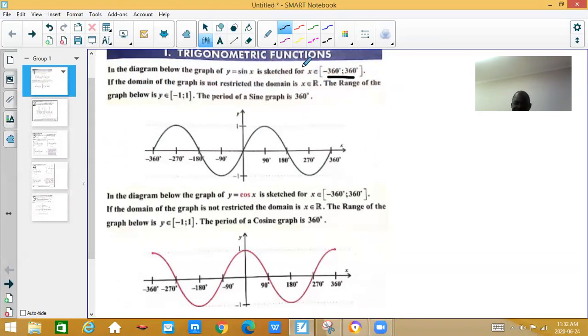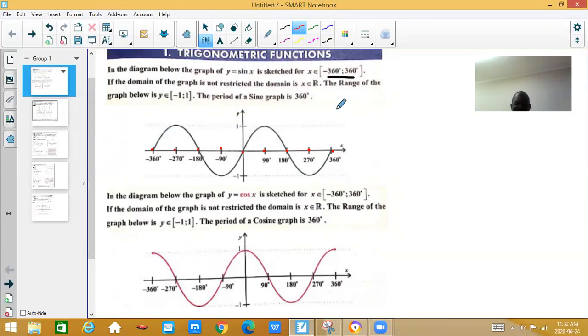Now, this restriction gives us an impression of where we are supposed to start and end, so it is from minus 360 to 360. Take note, here we have 0, 90, 180, 270, and 360 to the right of 0, and then negative 90, negative 180, negative 270, and up to minus 360.